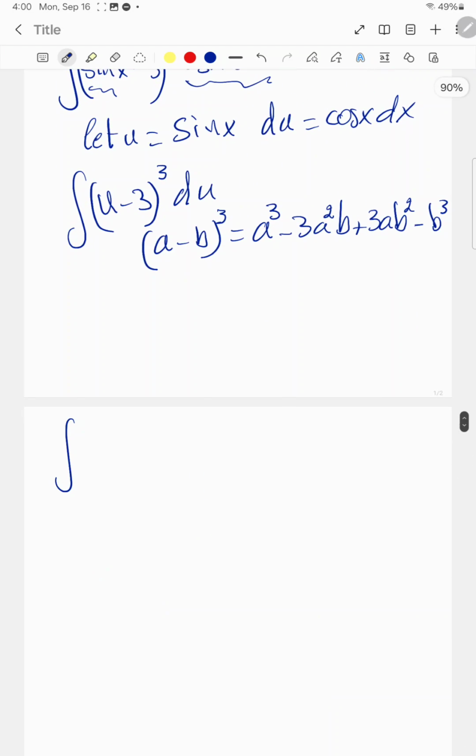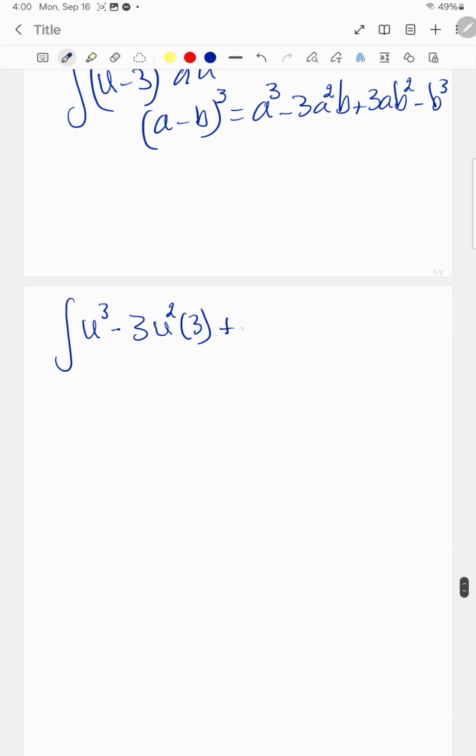So my integral becomes the integral of u^3 − 3u^2 times 3 + 3u times 3^2 − 3^3, all that du.